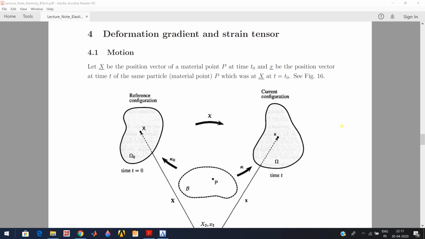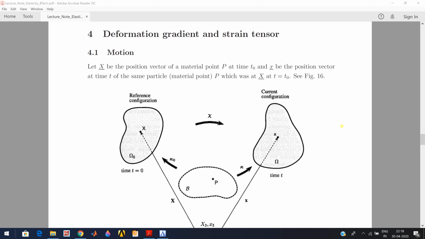And before that, we'll spend time on discussing what is this motion, then what is deformation gradient tensor, displacement gradient tensor, then the definition of Green strain tensor, and finally the infinitesimal strain tensor.